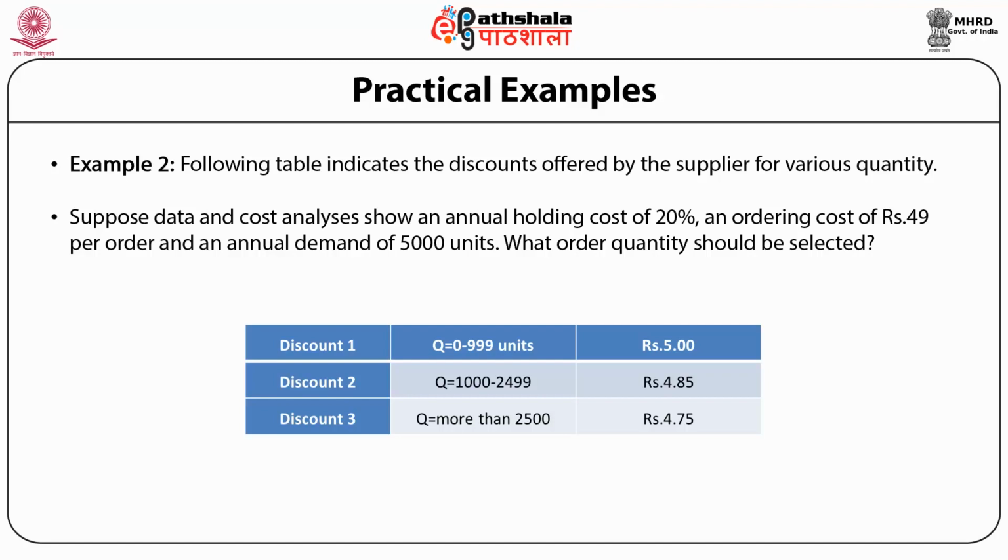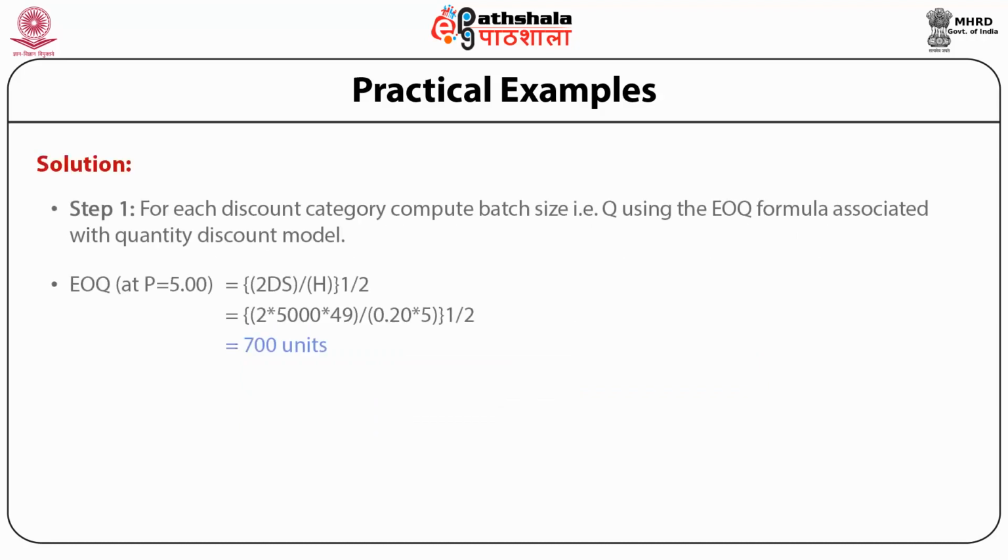Discount 1: Q equal to 0 to 999 units, rupees 5. Discount 2: Q equal to 1000 to 2499, rupees 4.85. Discount 3: Q equal to more than 2500, rupees 4.75. Solution. Step 1.